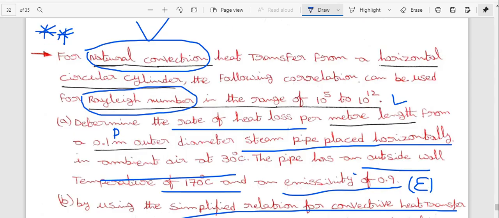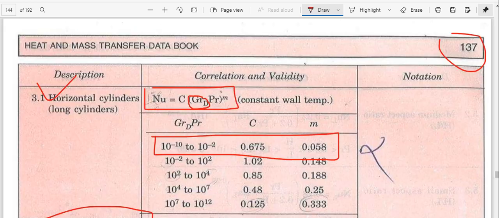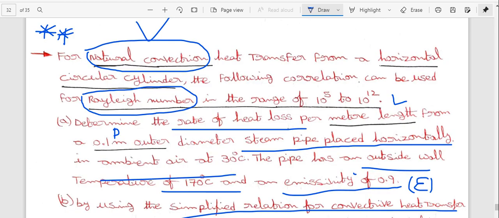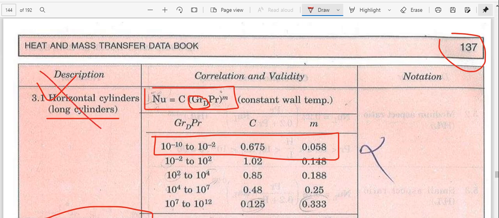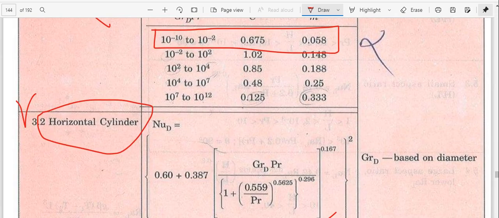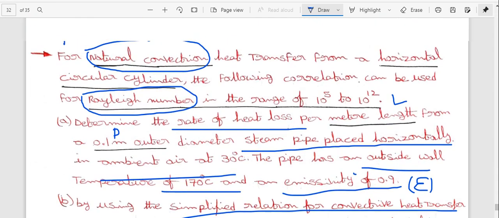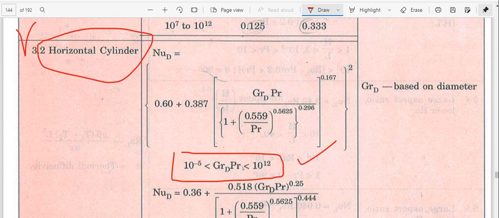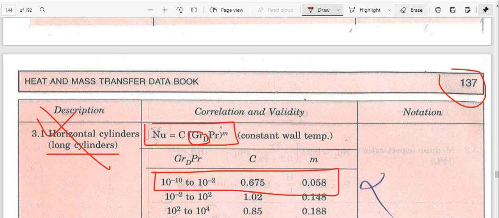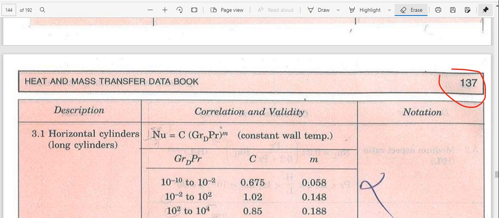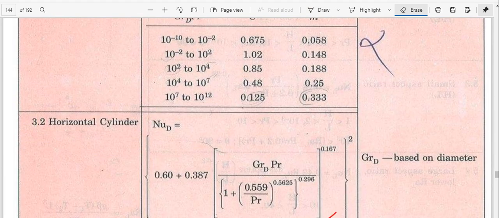So in this problem, is this a long cylinder or not? In this question it is not mentioned whether it is a long cylinder or not. That's why I am considering the second formula. Now I am considering which formula we can take, whether 3.1 or 3.2.